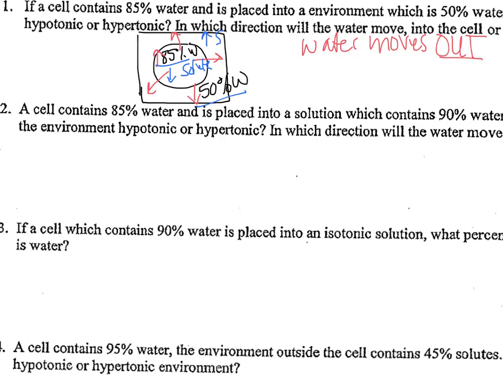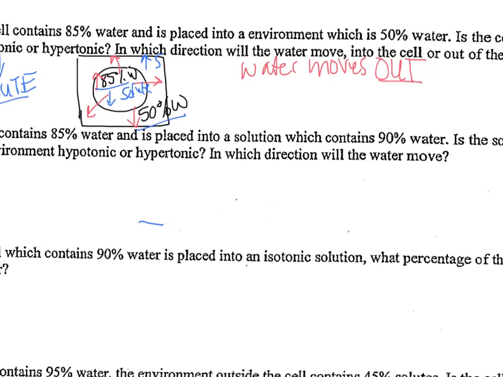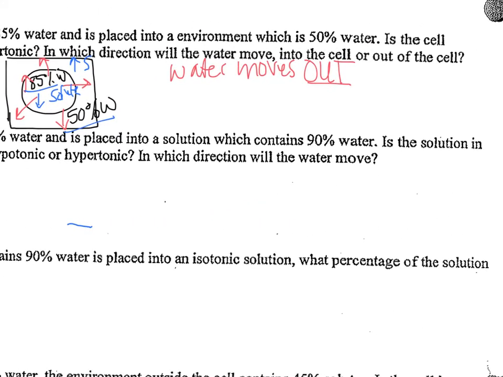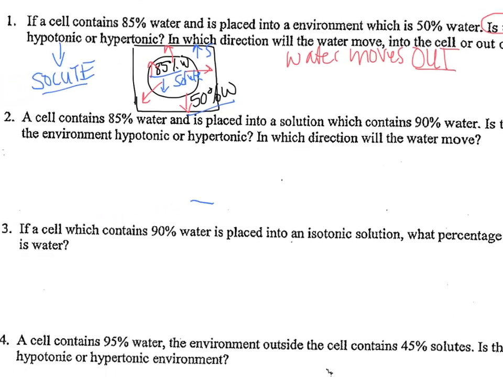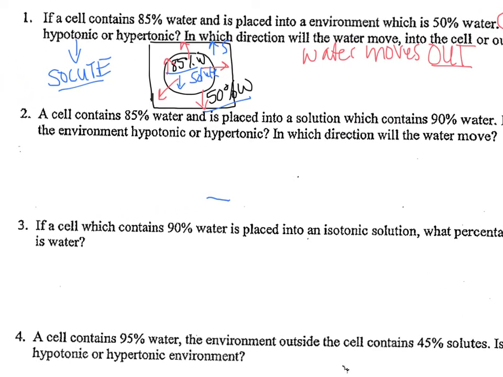Once again, if we describe hypo or isotonic solutions, which are osmotic solutions, we look at the concentration of solute. So in this particular question, though, let's look at what the question actually says. In this question, it says, is the cell hyper or hypotonic? Is the cell?